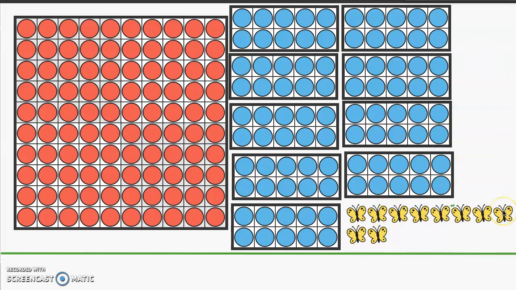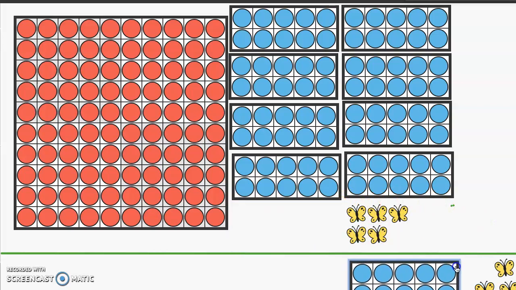Students will start by taking the ones away first. So there are 45 they are taken away from 200. They take away the first 5, the 5 ones, 2, 3, 4, 5. They will then take away the 4 tens.